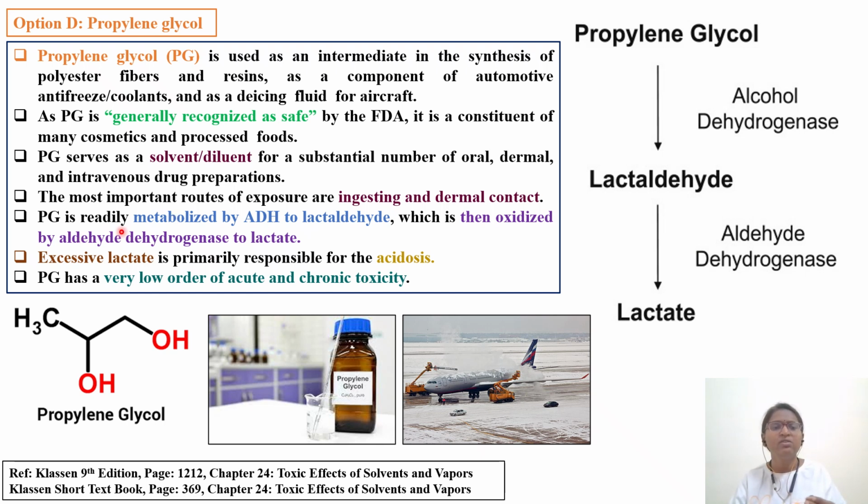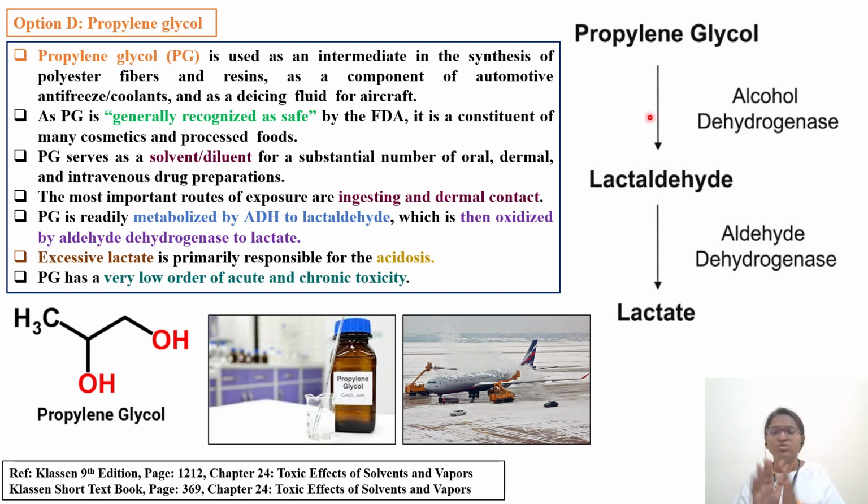And propylene glycol is readily metabolized, very important. The metabolism of any particular solvent you have to understand. Propylene glycol is metabolized by alcohol dehydrogenase, and lactaldehyde is formed. Alcohol is converting into aldehyde. Aldehyde is converted into lactate by the action of the enzyme aldehyde dehydrogenase.